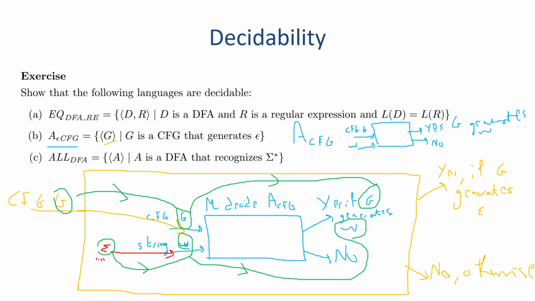And so, yes, it does accept it. Now, the final wiring: if it says yes, G generates epsilon, we say yes. And if it says no, we'll say no. It's important, because sometimes you might actually flip the wiring in the opposite direction. In this case, we won't.